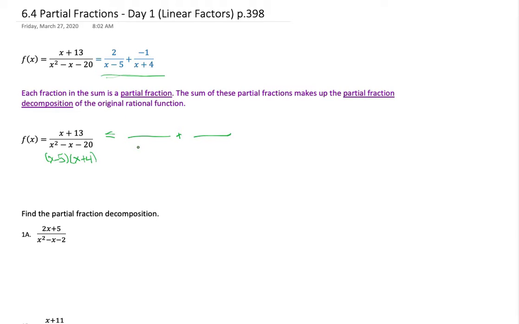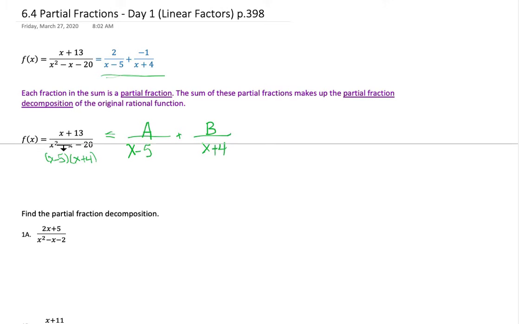That's what goes underneath as your denominator. So here's an x minus 5 and an x plus 4. Then we need to have the constants up here, which we don't know what they are, so we're going to label one A and the other one B. Then we're going to find out what A and B are.